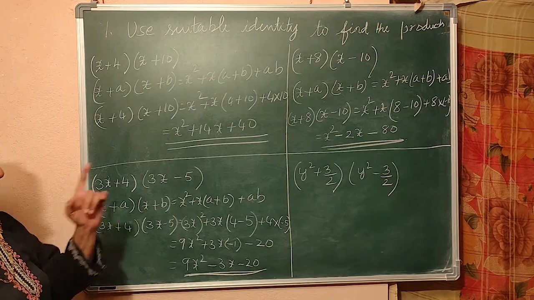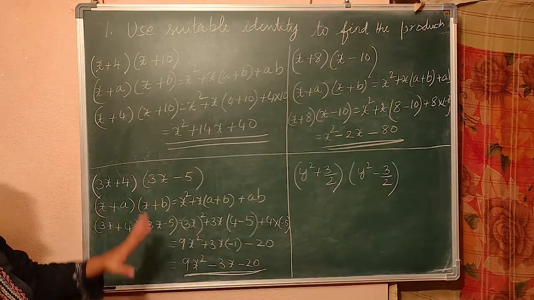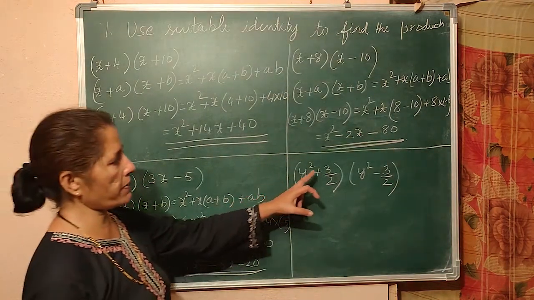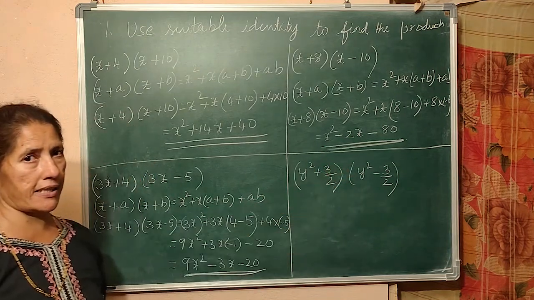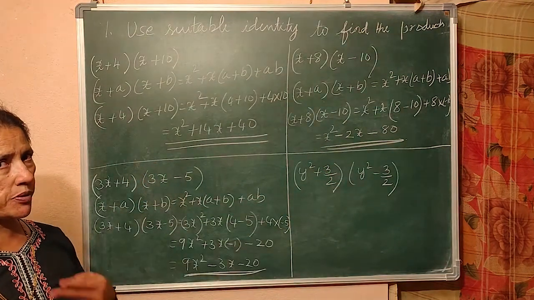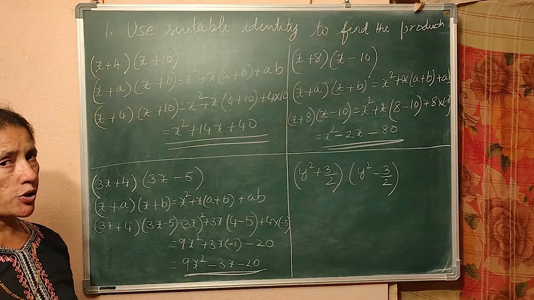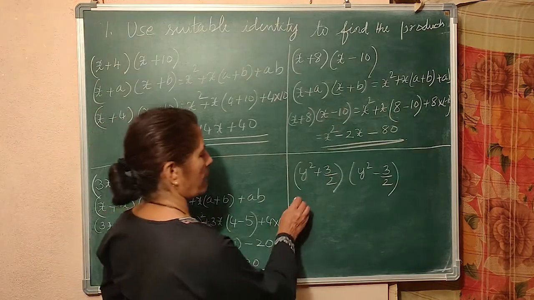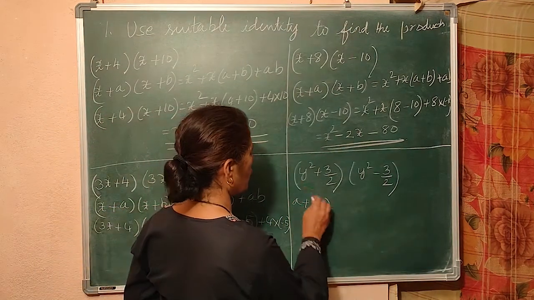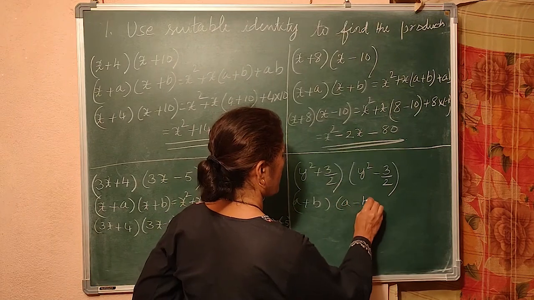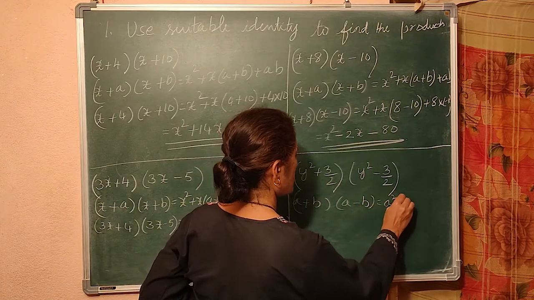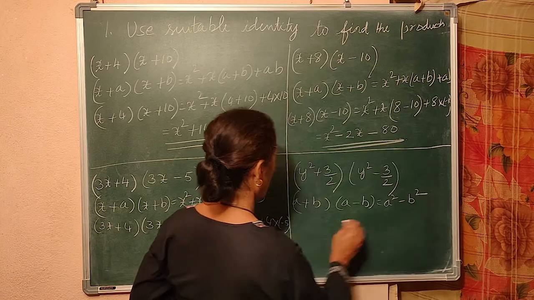Let us go to the last one, the fourth one of this question: (y square + 3/2)(y square - 3/2). Only two terms, one is plus, one is minus. So what is the identity? (a + b)(a - b) is equal to a square minus b square.